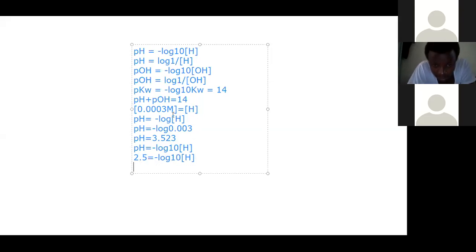So after getting this, we are looking for the concentration. Per the logarithm formula, because there is a negative, you will just negate this one so that we can do away with the negatives.